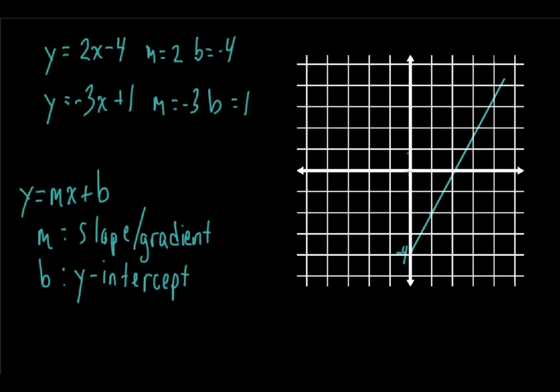So that means we'd go down 3 units and to the right 1. Okay, so actually we've already found our intersection point. It's right there. So let's draw that line connecting our y-intercept to this other point right there. Okay, so there's our intersection point.